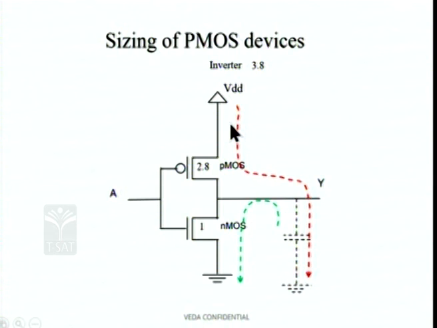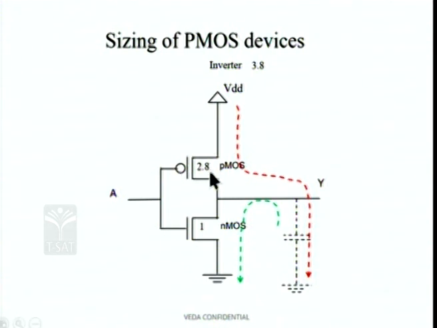This will ensure that the charging current is the same as the discharging current, which means that the rise time is the same as the fall time in an inverter in which the PMOS device has been sized to a value 2.8 times larger in area than this. The channel length is the same, mind you, the width is different, that has to be there.